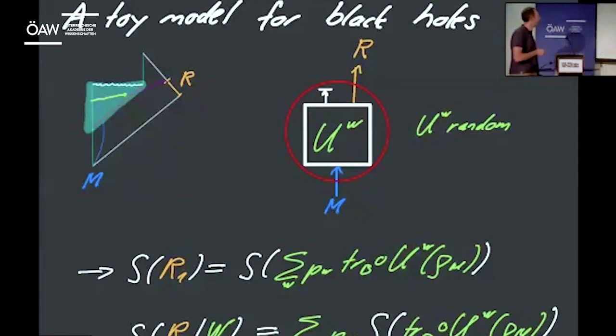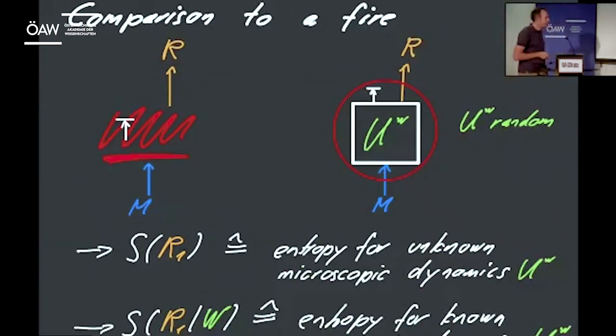Hawking's result would correspond in this picture to summing over all possible unitaries within the entropy. So you don't know which unitary it is, and therefore you get a very high entropy, whereas the new wormhole calculations correspond to calculating the entropy conditioned on knowing W, but you take an average over all possible W's that you have. So that's what this tells you.